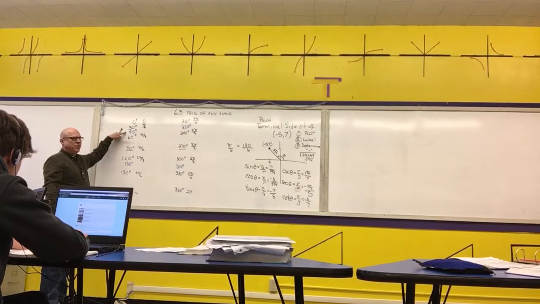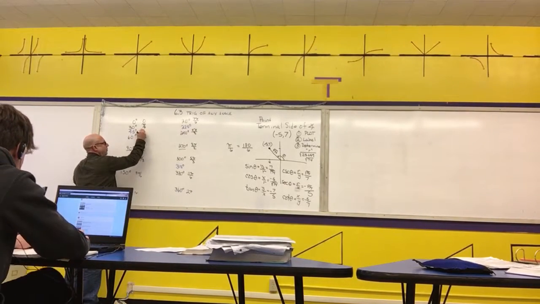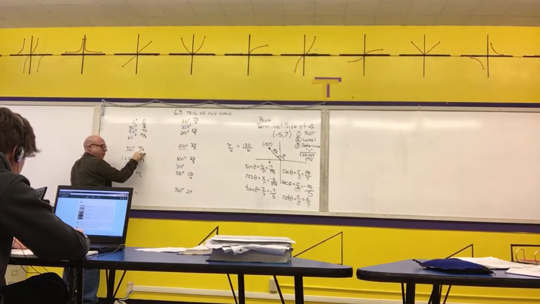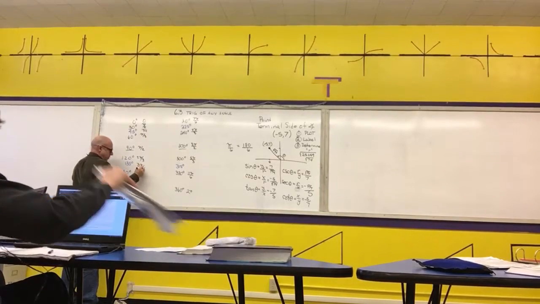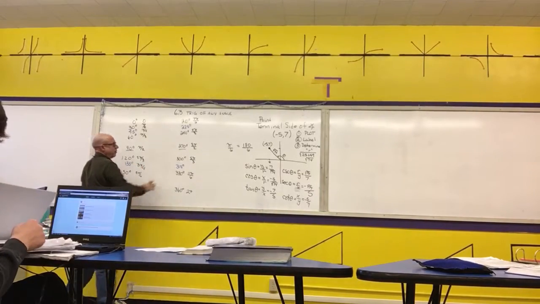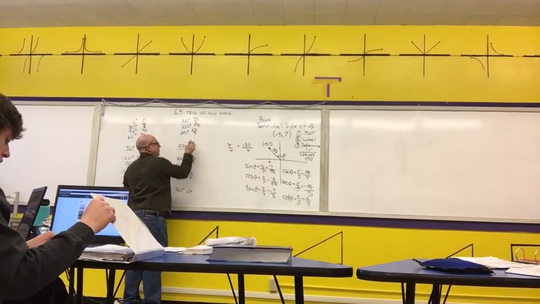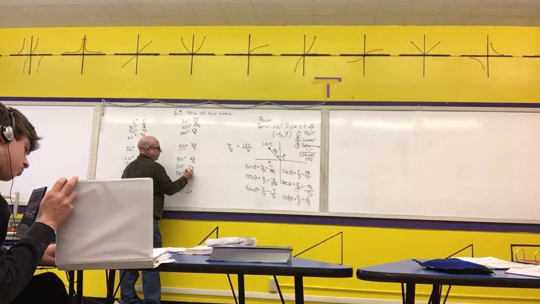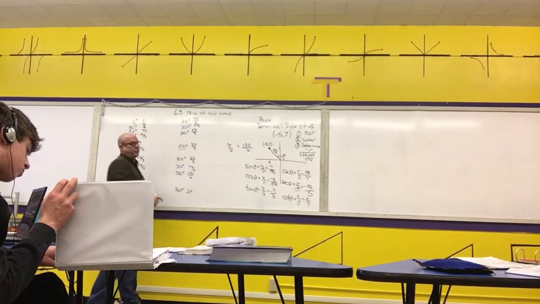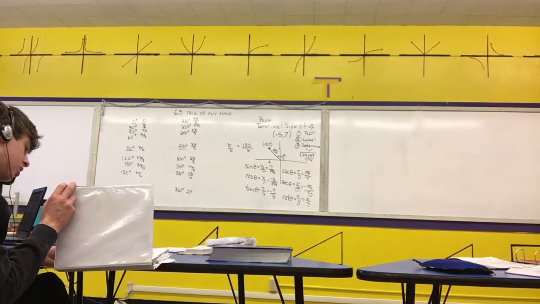So all I'm going to do is multiples of pi fourths. 1 pi fourth, 2 pi fourths, 3 pi fourths, 4 pi fourths, 5 pi fourths, 6 pi fourths, 7 pi fourths, 8 pi fourths. So that's how I reason myself through getting the measurements there.